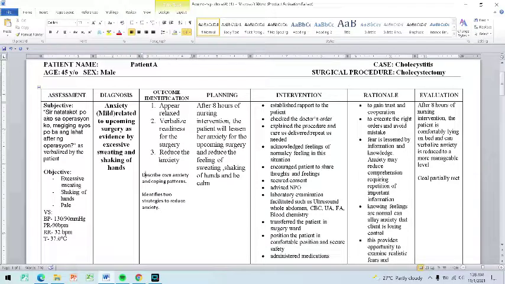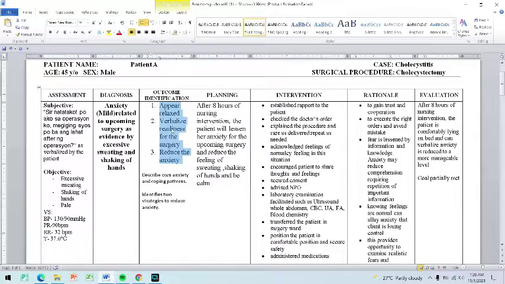Then reduce the anxiety. In here, the student is giving identifying strategies. But the most appropriate one is to write all these things on the outcome identification and remove this. But then this will also fit the situation if you will utilize this.